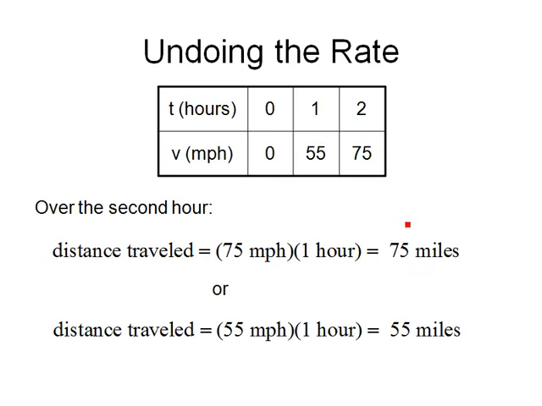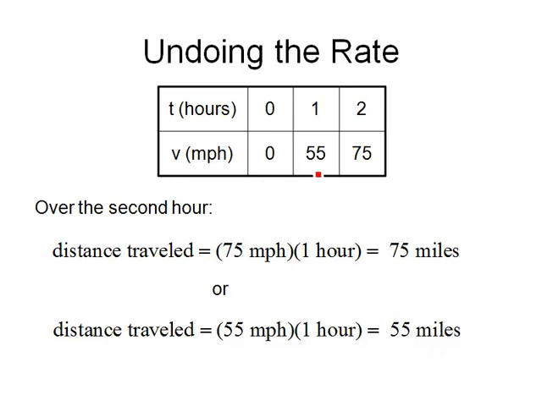If I assume that I did 55 miles per hour for that entire hour, well then 55 miles per hour times 1 hour is 55 miles. Depending on what I assume about this hour, I could go as far as 75 miles or as little as 55 miles. It all depends on what happens over that hour.